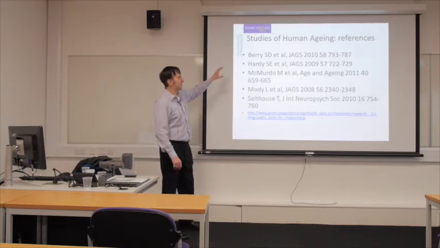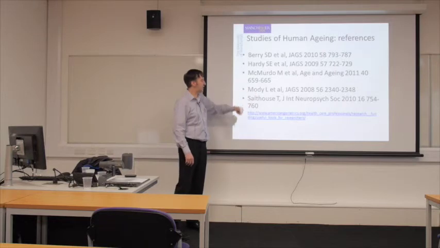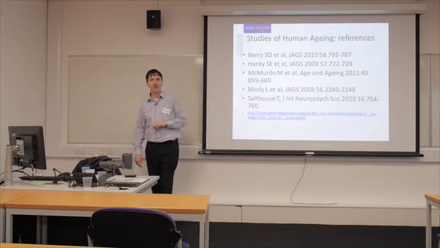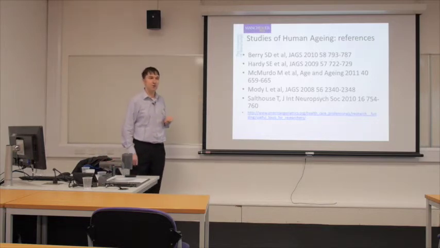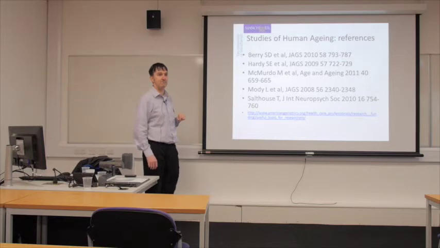These are a list of useful papers on the topic, and there's a good site at the American Geriatrics Organization which has a lot of tools for researchers who are going to work on aging and older adults.